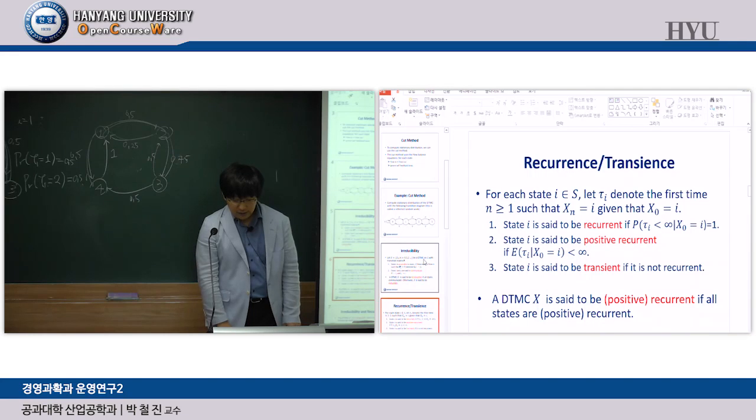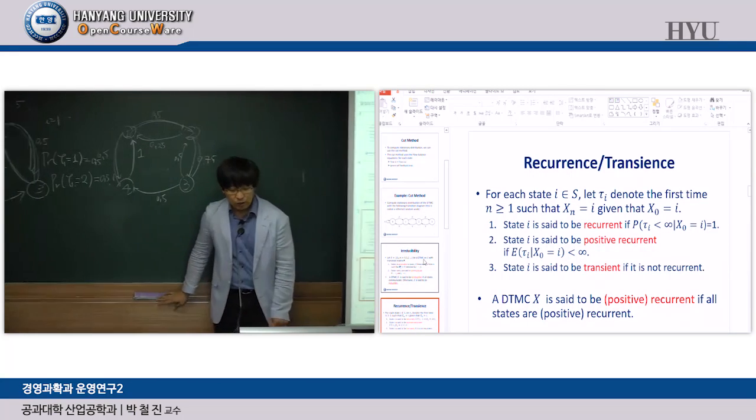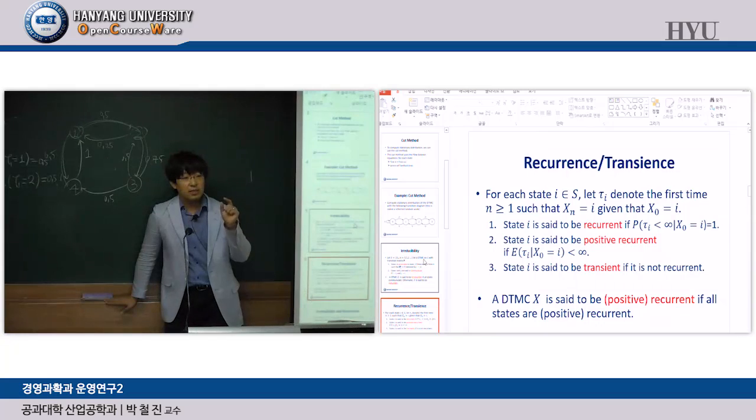So recurrence is when you consider the state I. If we start with the state I, as I said before, recurrence and transience are characteristics of each state.